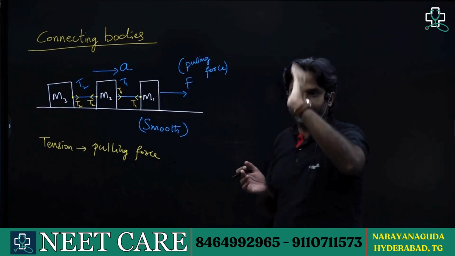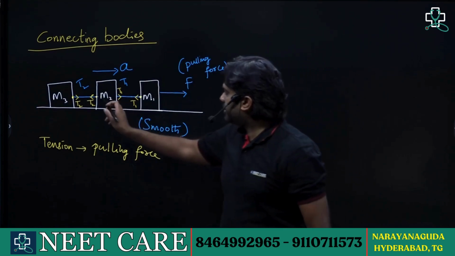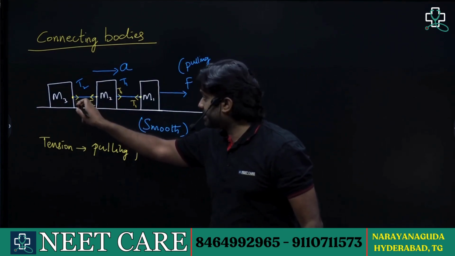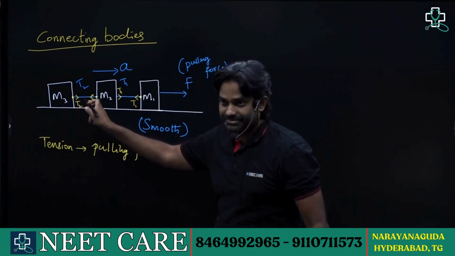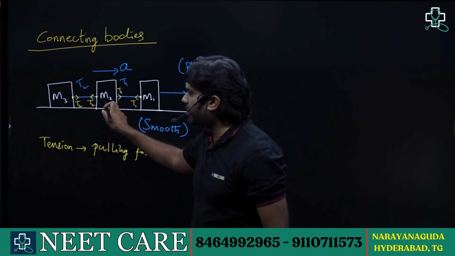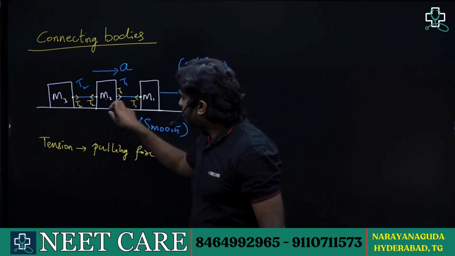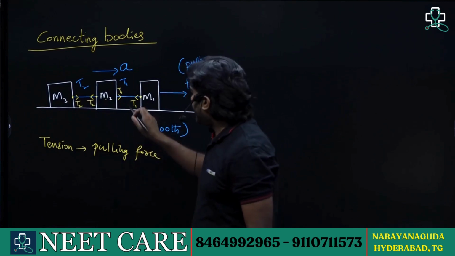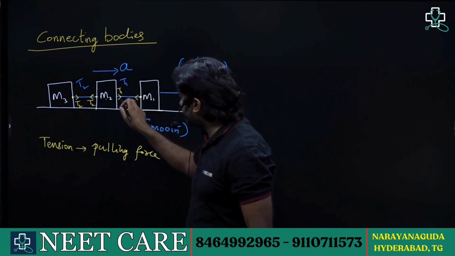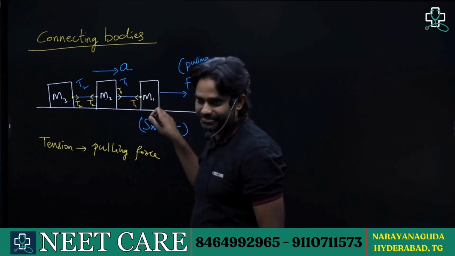So with respect to M2, T2 will act towards left, but the same tension here will act towards right, because T2 is trying to oppose the motion of M2 and the same T2 is trying to pull M3, and here T1 is trying to oppose the motion of M1, but the same T1 is helping M2 to move forward.